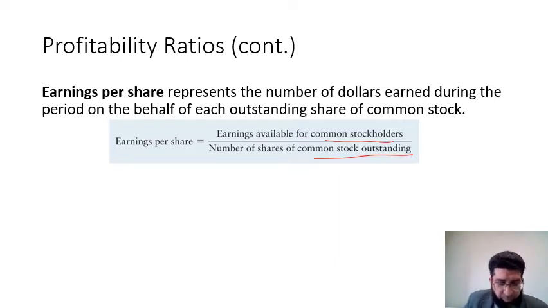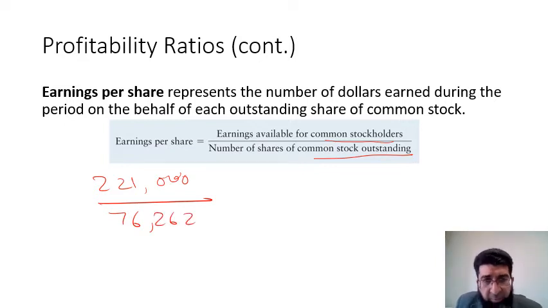So for XYZ company, the earnings available for common stockholders is $221,000, and the number of shares, which we pick up from the balance sheet, is 76,062. If certain adjustments are made, we can find those adjustments in the footnotes of the income statement.